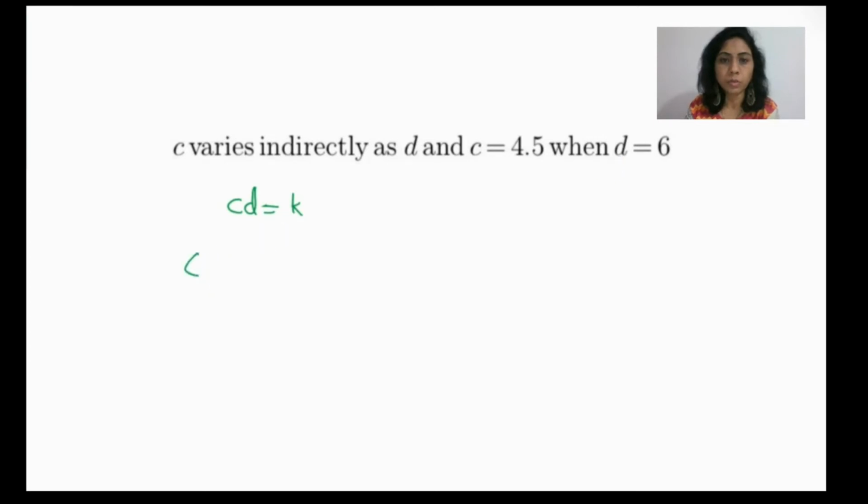What is the C value? Yes, 4.5, and the D value is 6. So you can multiply and find the answer. So we get 27 equals K, or K equals 27. This is our answer.